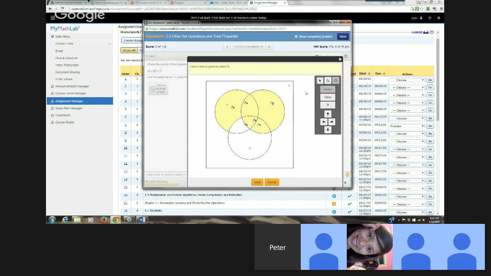The stuff that I have shaded right now is the A or B. Then we have not C.